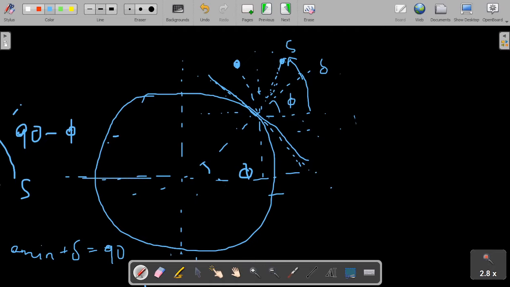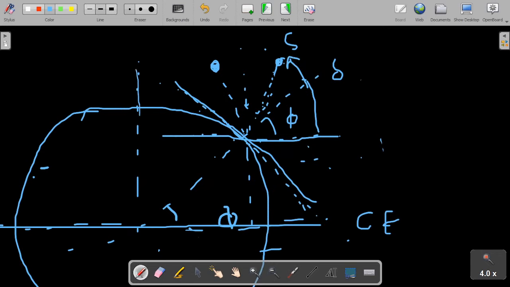So this was the celestial equator. Yeah, we draw a line parallel here. This is the north celestial pole, the NCP.